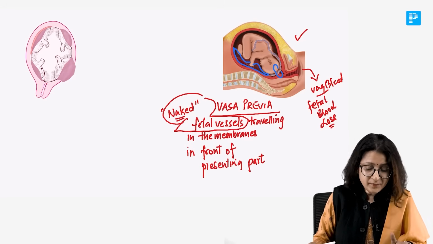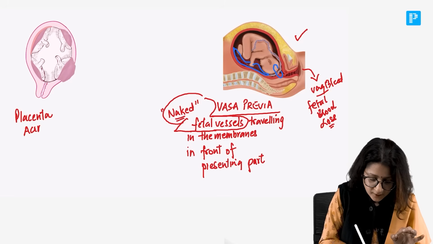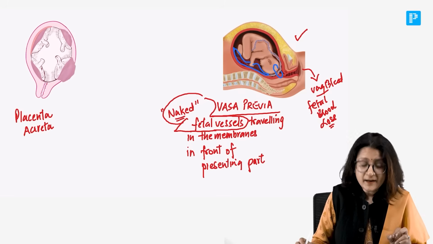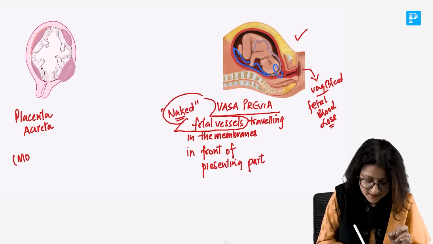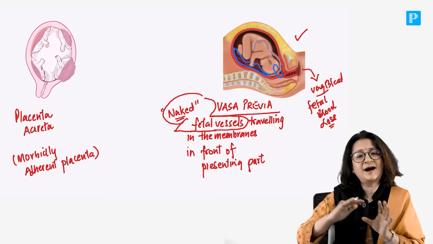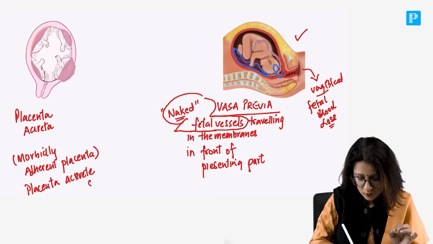Now, image on the left. This is what we say placenta accreta. Placenta accreta syndrome basically, which is morbidly adherent placenta. Nowadays we call it placenta accreta syndrome.